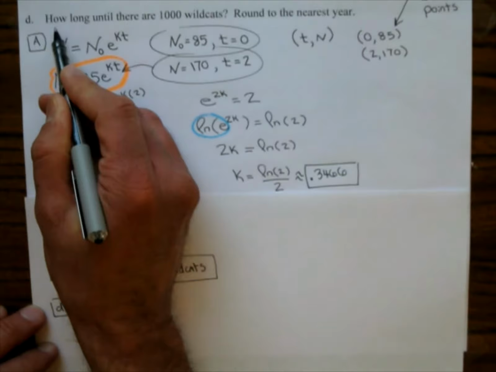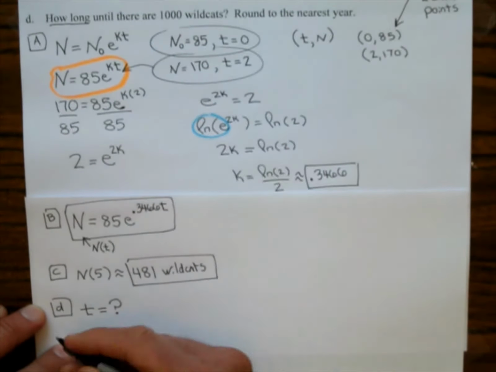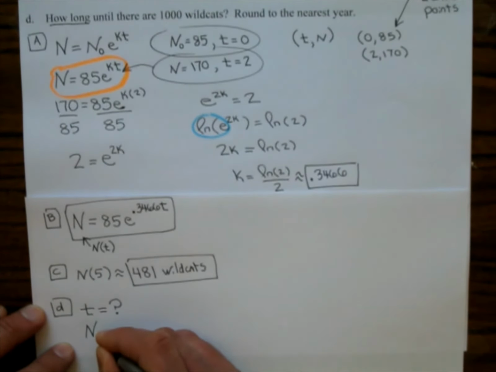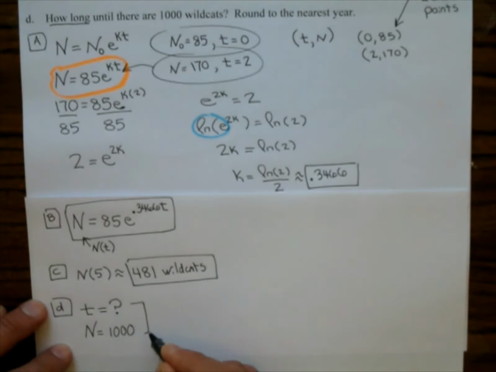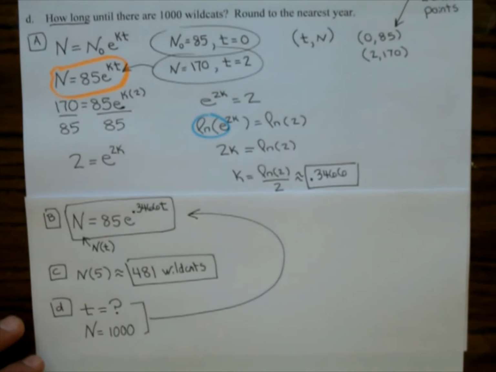And it says how long, which means t is what we do not know, but they tell us n is 1,000. We're going to plug it into that equation and solve for t.